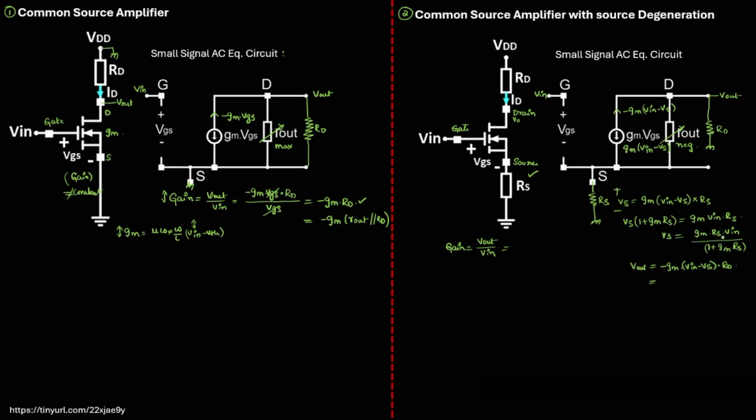VS is dependent on V input, so I have to bring V output in terms of V input, eliminating VS. So let me solve that. GM times V input minus VS, where VS is GM times RS times V input by 1 plus GM times RS, into RD. The final value: if you bring this together, 1 minus GM RS by 1 plus GM RS.